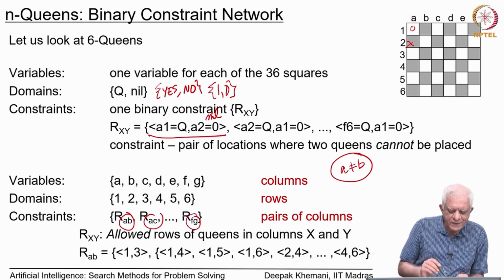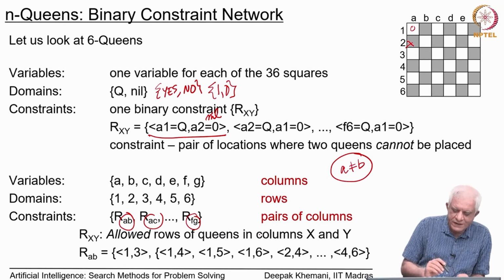So AB, AC, AD, BC, and so on, every pair. What the relation expresses explicitly is the allowed rows of queens in columns x and y. So a relation between x and y is that in column x and in column y, what rows are allowed.